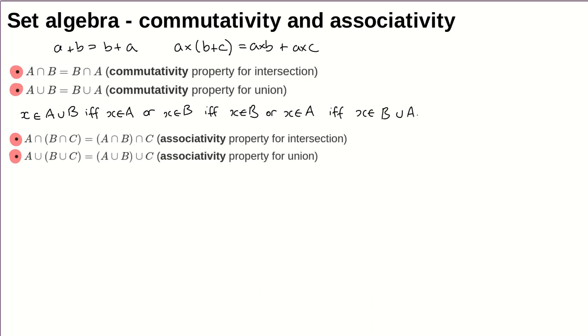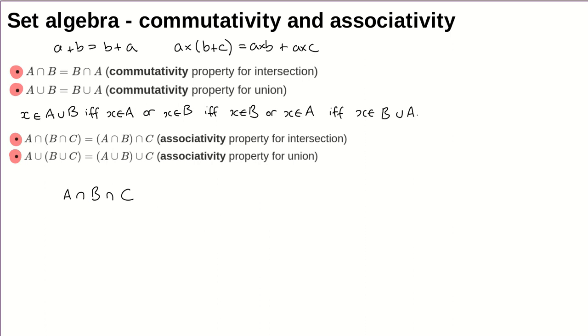It's useful because it allows us to write expressions involving intersections or expressions involving unions without having to put brackets in there to specify in which order you're supposed to compute these intersections. So you can write A intersect B intersect C, for example, knowing that it doesn't matter whether somebody works out what the set equals by doing this intersection first, or whether they work it out by doing this intersection first.